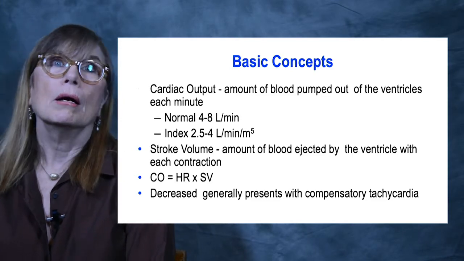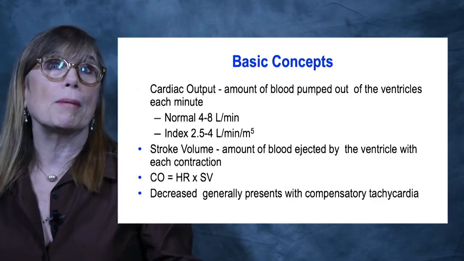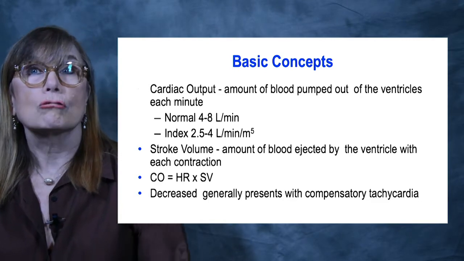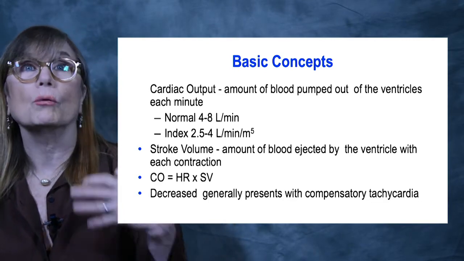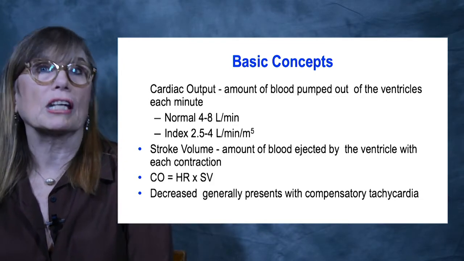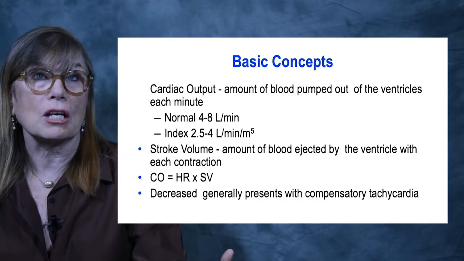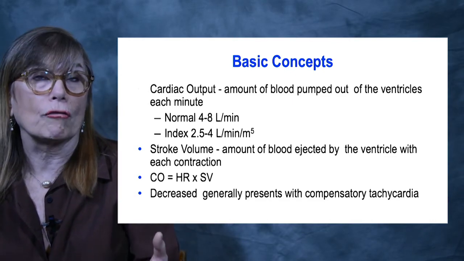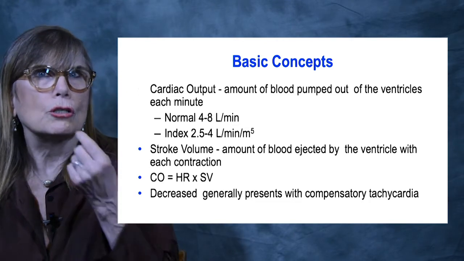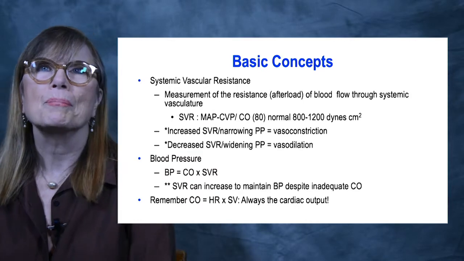Now remember, if you know me, you know I'm much more interested in stroke volume, which tells me about ventricular efficiency. Stroke volume is the amount ejected by the ventricle with each contraction, and it really gives us a significant overview of ventricular efficiency, volume load, contractility, and ability to overcome afterload. So we love, love, love to look at stroke volume.